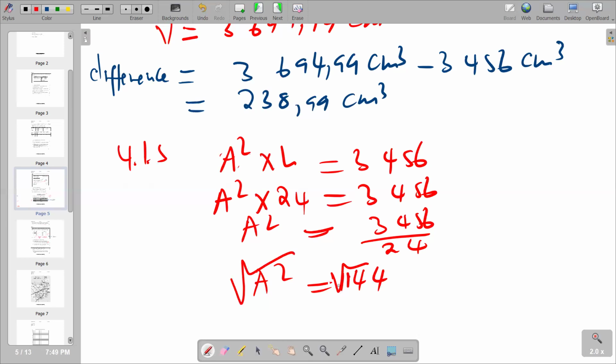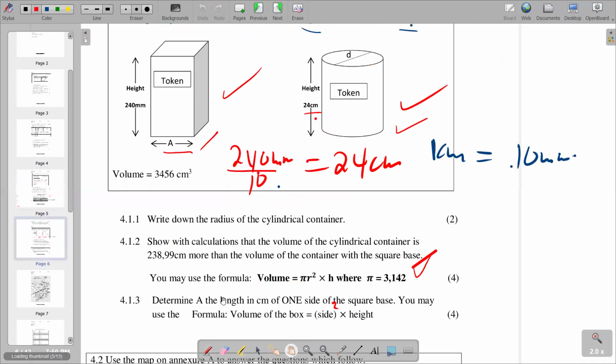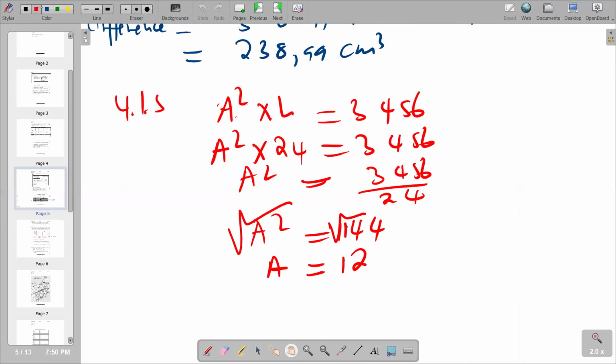In other words, square root of a squared, you're going to get a. Square root of 144, you're going to get 12. So that makes our a equal to 12. Remember, the question is saying determine a, the length in centimeters. So it's going to be 12 centimeters. So this is what we have on the calculation on that part.